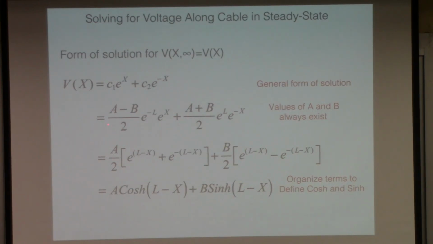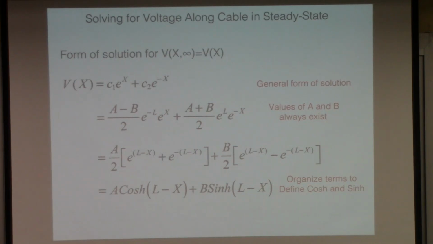And so now if we multiply this out, and notice that e to the negative capital L is the electrotonic length of the cable. It's just a number, right? So e to the negative L is just some scaling factor here, and you can always find A's and B's such that this equals C1 and this equals C2.